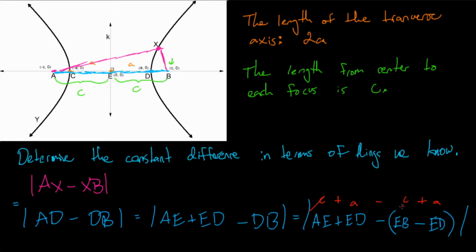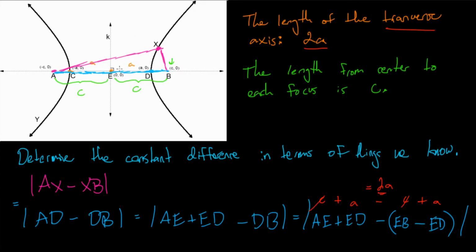The C's go away, and I've run out of room, so I'm moving up the screen. The constant difference between the hyperbola and the two foci is the value 2a. The length of the transverse axis, 2a, is the constant difference that defines this hyperbola.